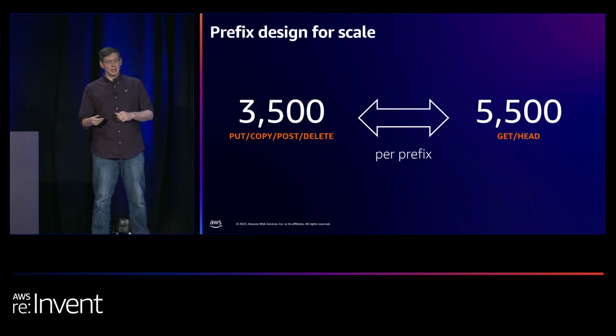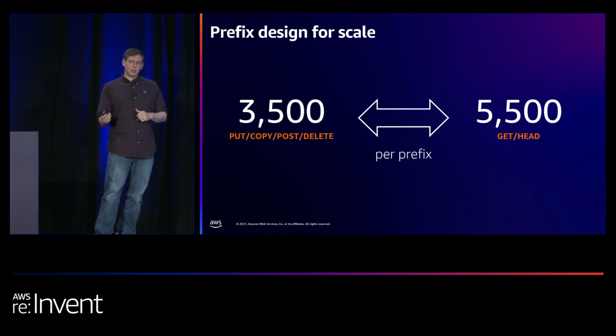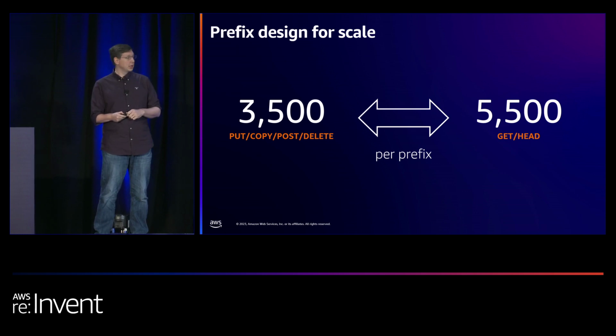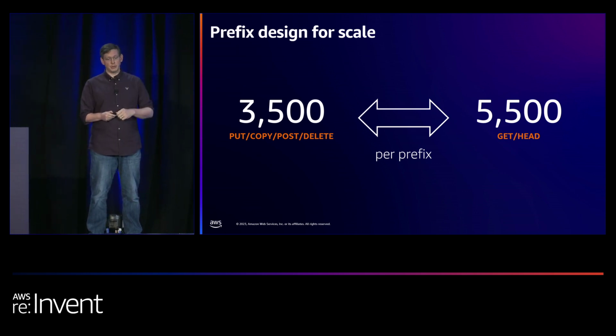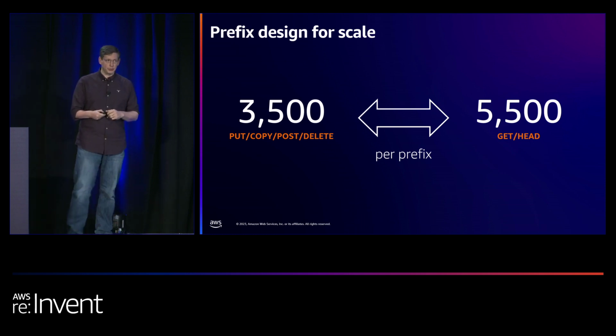And this means that the majority of S3 customers don't need to do anything special in this regard at all. But as we talked about earlier, not all workloads are predictable, and they grow over time, and you may need to grow or burst above these numbers. So let's talk a little bit about how you can help S3 scale to meet those needs.